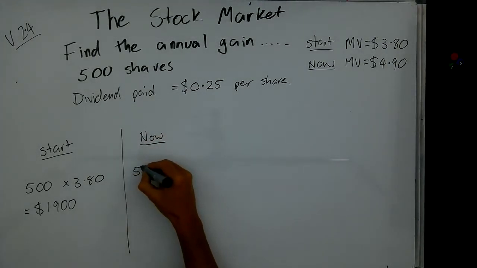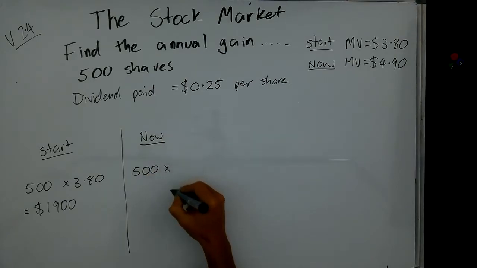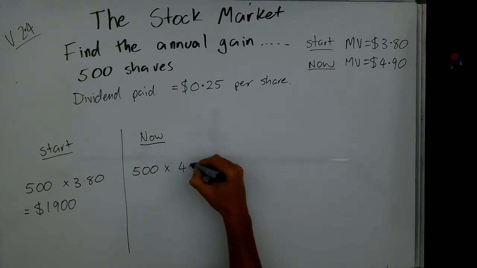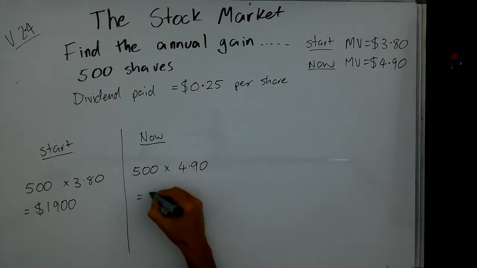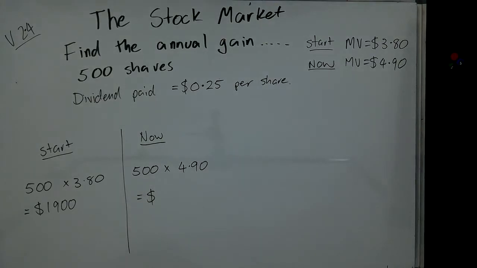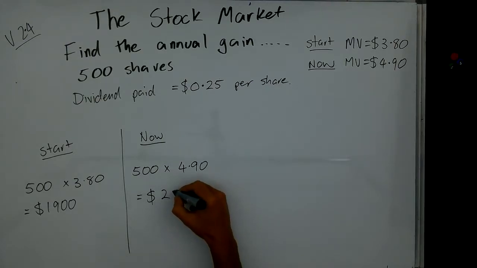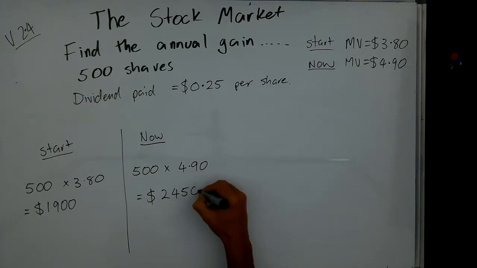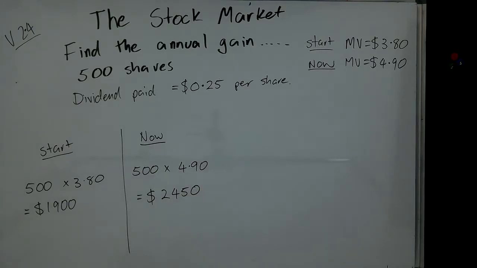So those 500 shares are now worth $4.90 each. Total of 2,450. So from the shares value over this year, we started at this and they increased. So there was a gain there.